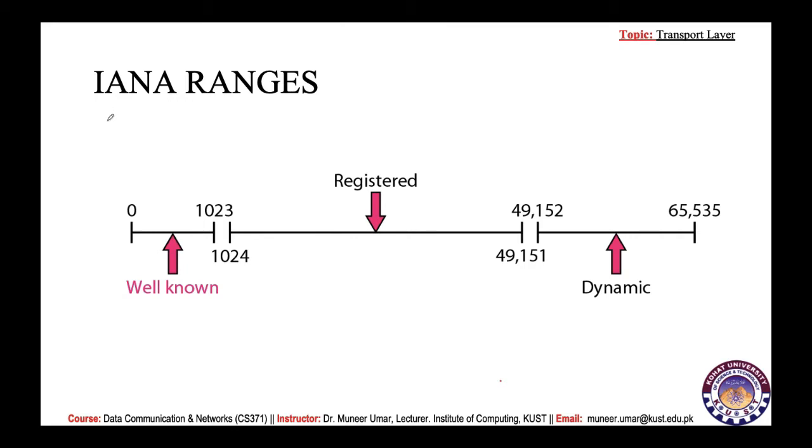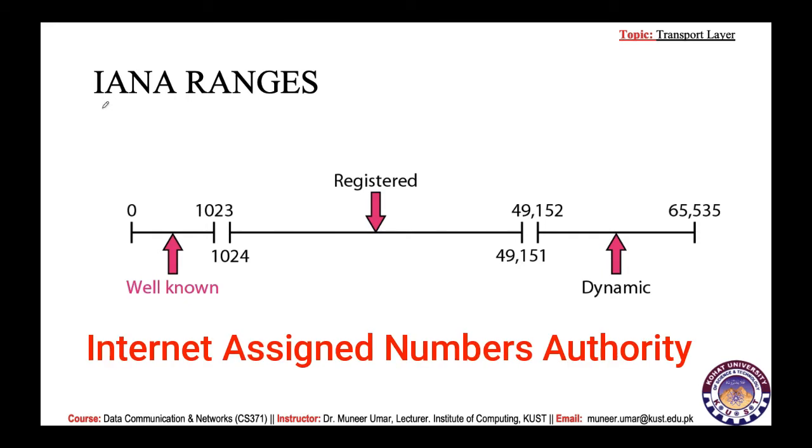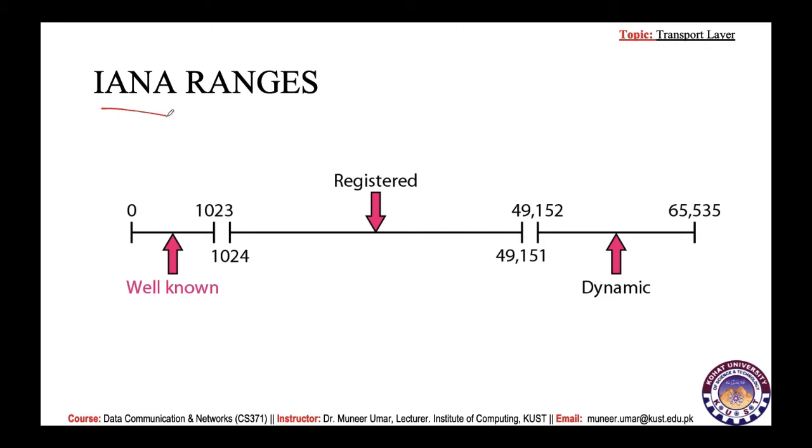Some people pronounce it as IANA. It stands for Internet Assigned Numbers Authority. It has divided the port numbers into three ranges. The size of a port number is 16 bits or 2 bytes.